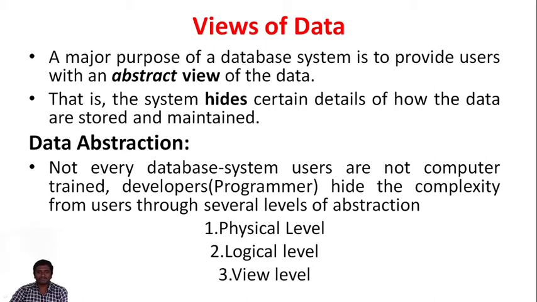Abstraction means hiding something from other users. That is abstraction. In views of data, three views are available: one is the physical level, another is the logical level, and the other is the view level.